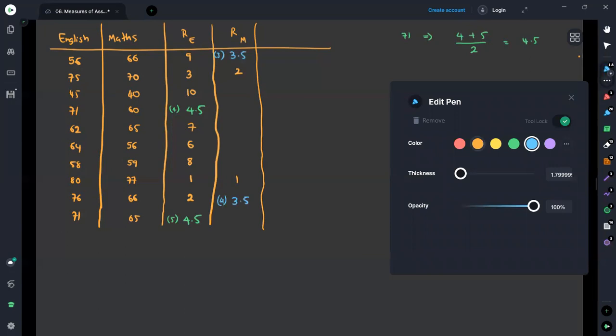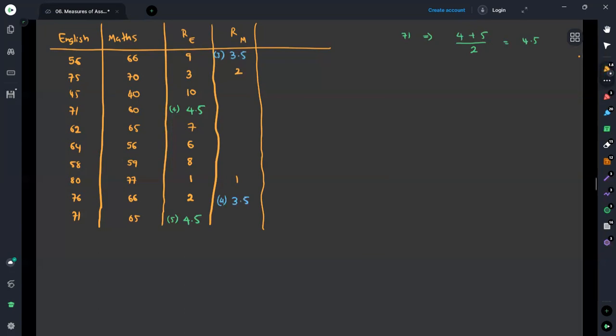Now we have used rank number 3 and rank number 4. Then the next rank that we can have is rank number 5. If we allocate rank number 5, the next highest value that we can see is 65, so we allocate rank number 5. Then rank number 6, the next highest, is again 65. Here also, for a similar value, we have given two different rankings.